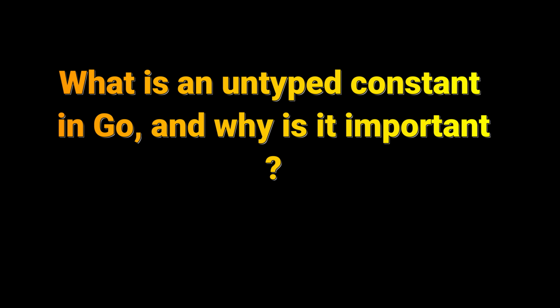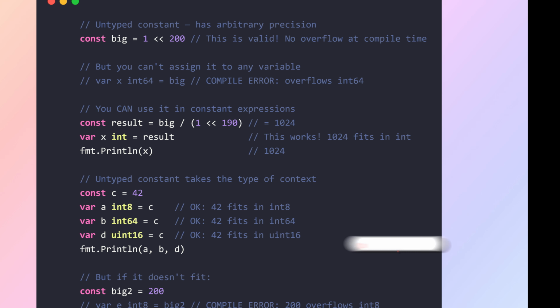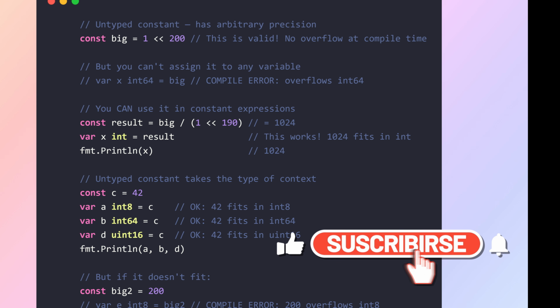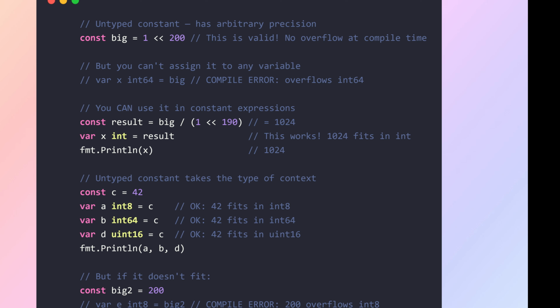Question: what is an untyped constant in Go, and why is it important? An untyped constant in Go is a constant that does not have a fixed type until it is used in a specific context. It can have very large values because it uses arbitrary precision at compile time. For example, you can write const big equals 1 shifted left by 200 without an overflow error. However, you cannot assign this large value to a variable of a type like int64 if it does not fit.